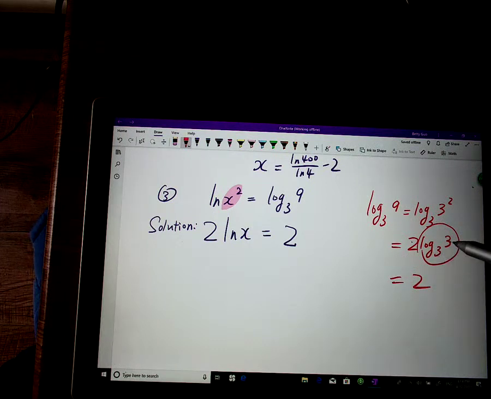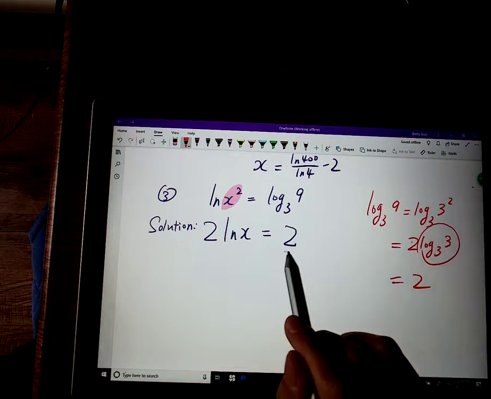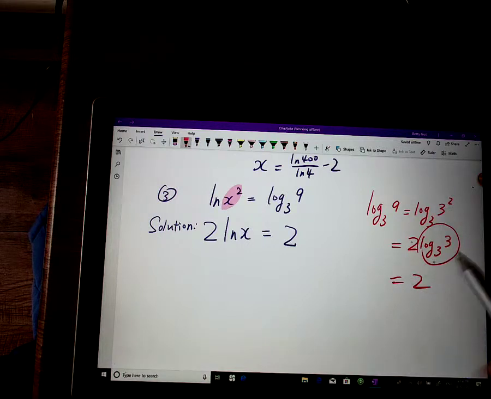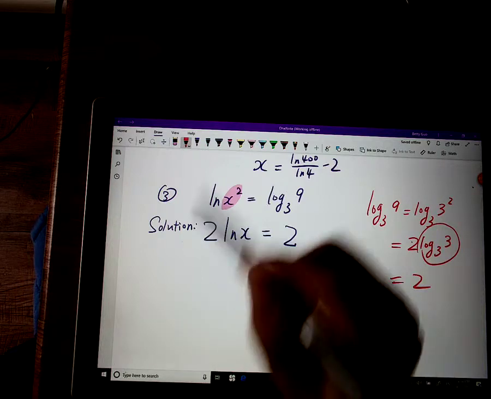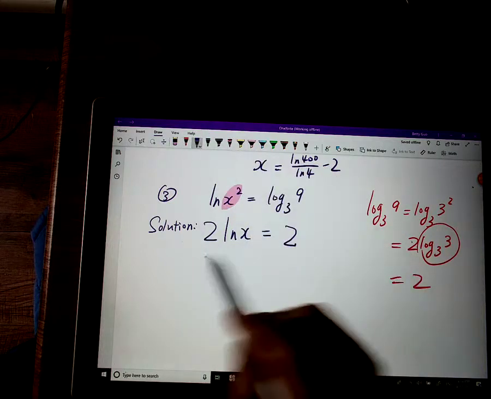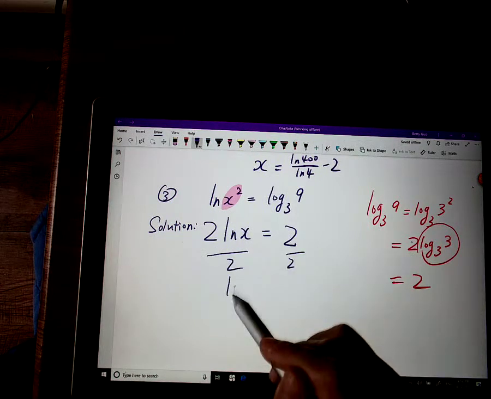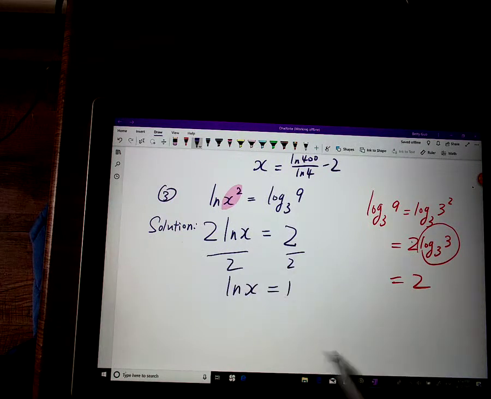If the base and the anti are identical, the value of the logarithm is 1. So we have 2 on the right-hand side. And divide both sides by 2. We don't have 2 anymore. Then we would have ln x equals 1, right?